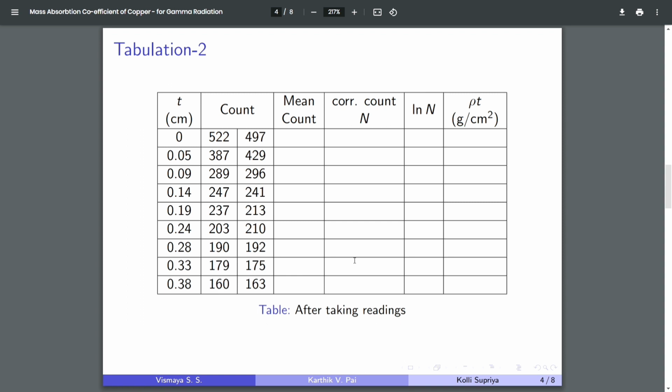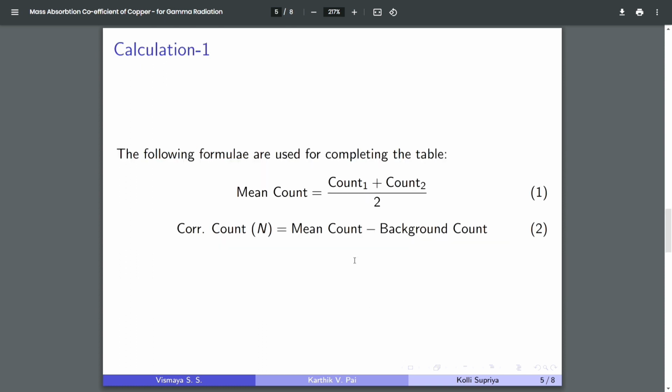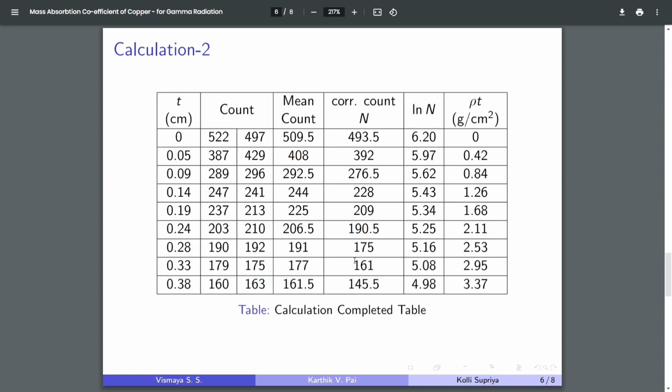The remaining columns are filled after some calculations using the following formula. Mean count is equal to count trial 1 plus count trial 2 divided by 2, and corrected count is the difference between mean count and the background count. The table is now complete.